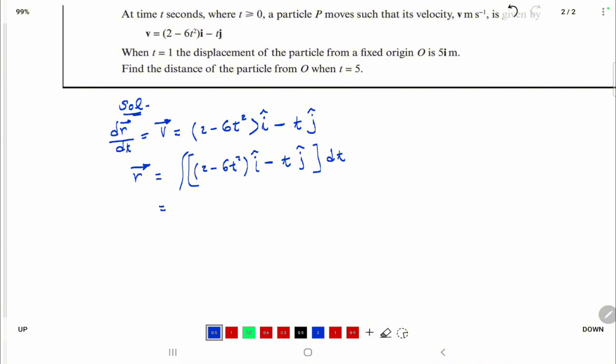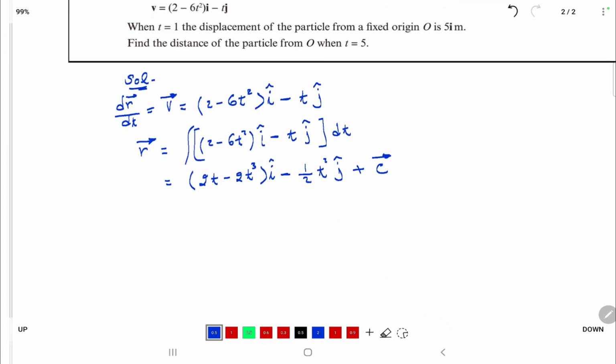I can integrate this, and it will be (2t minus 2t cubed) i minus half t squared j plus some constant vector, which I call c. This c is a constant vector, not a unit vector, so I have not used the hat, just put an arrow like this.